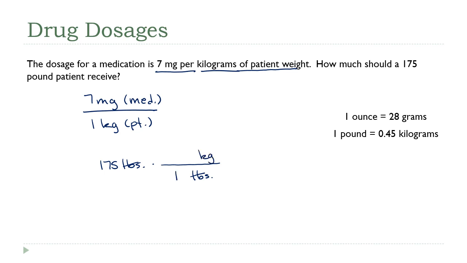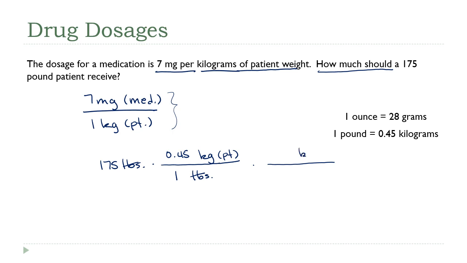So it's going to be 1 pound per 0.45 kilograms. And this is where we've got to keep these straight. This is patient kilograms. And what I'm looking for is how much the patient should receive. So I'm looking for milligrams of medication. So I've got my conversion factor here, right?